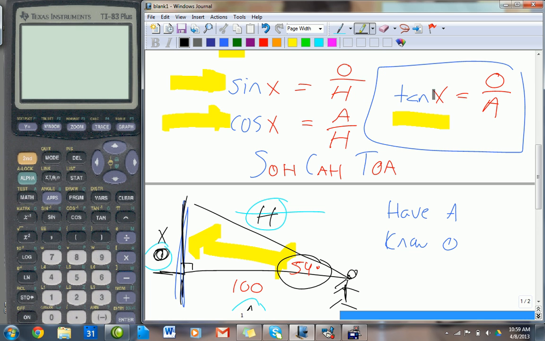Here's how I set up. Again, I use the tangent because I have the adjacent side, 100, relative to this reference angle, and I'm looking for the side opposite. I want to know the opposite side, so I use the tangent, O over A.